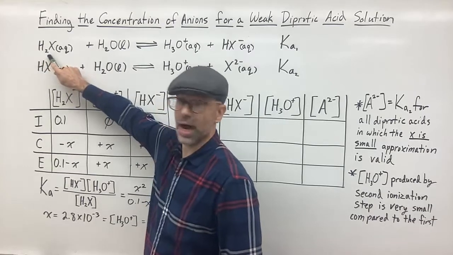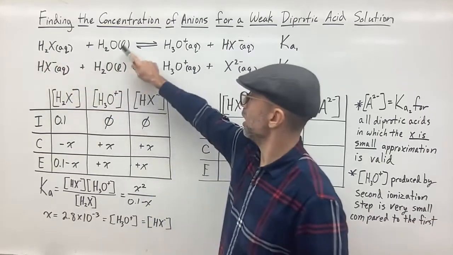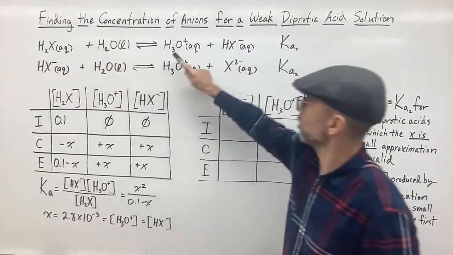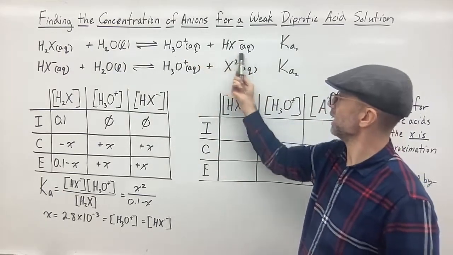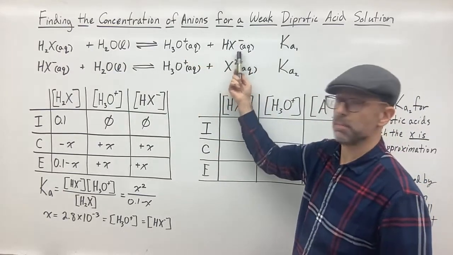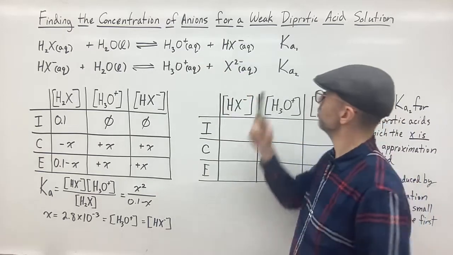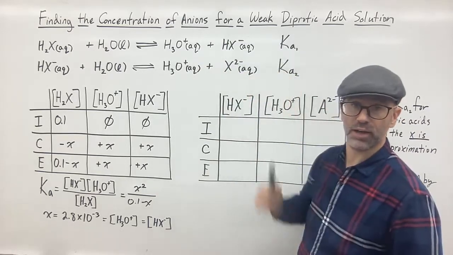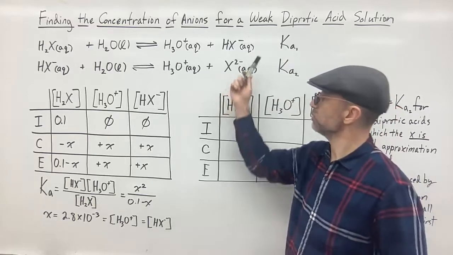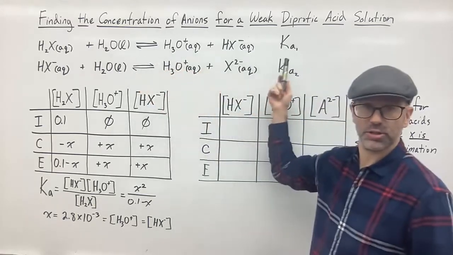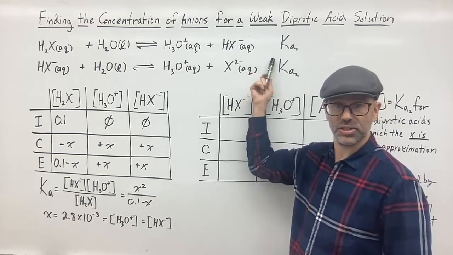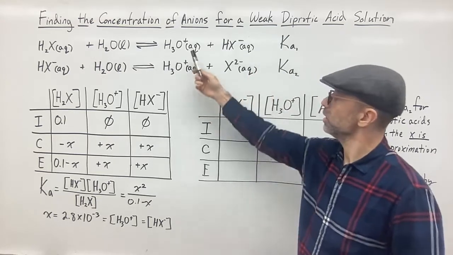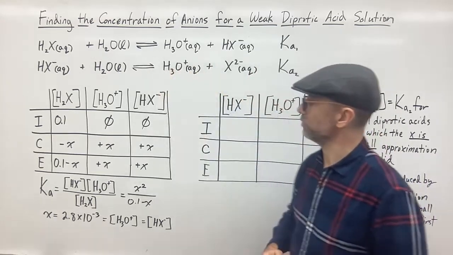So hydrogen is going to come off, be transferred to water, form the hydronium ion, and then that's going to leave behind the HX minus anion. And so there's a Ka1 value for this process. This is the first acid ionization constant for this process.